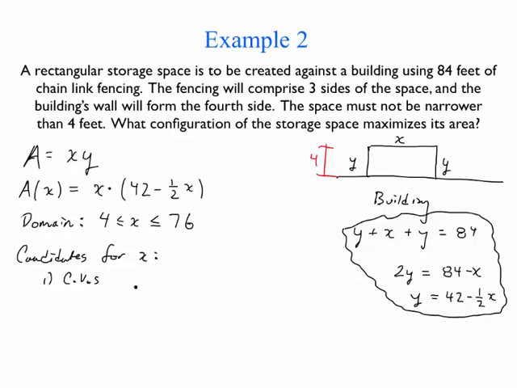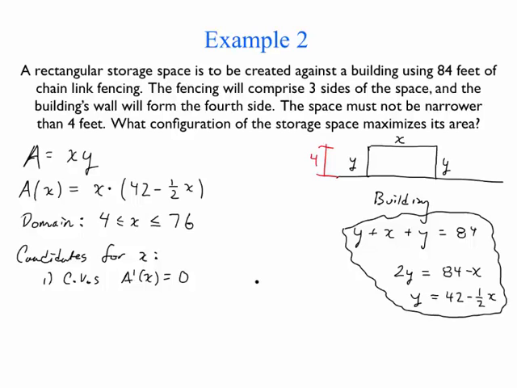Critical values. How do we get them? Take the derivative, set it equal to 0. At local maxes and mins, we get a pause in the accumulation. And where there's a pause, the rate of change is 0.